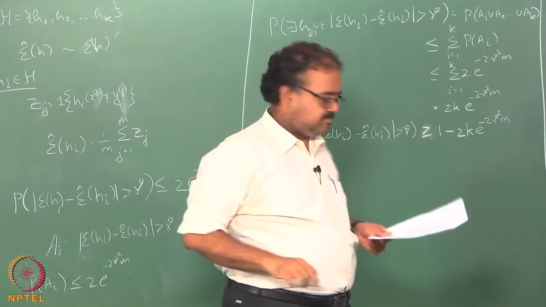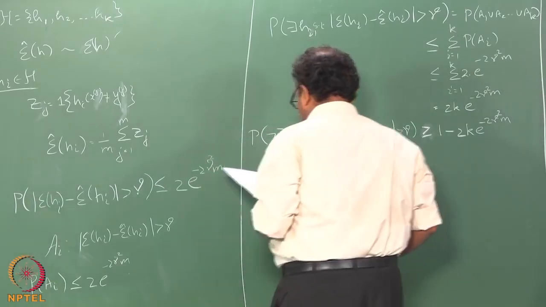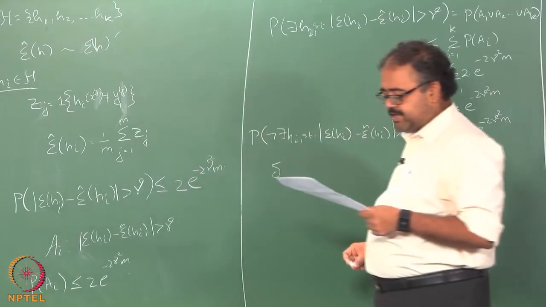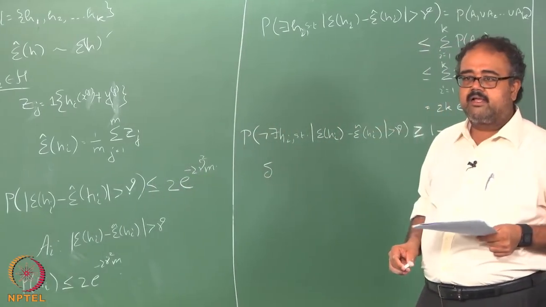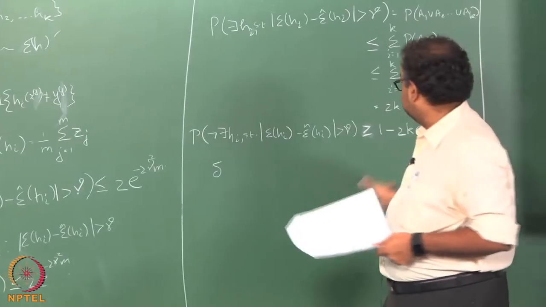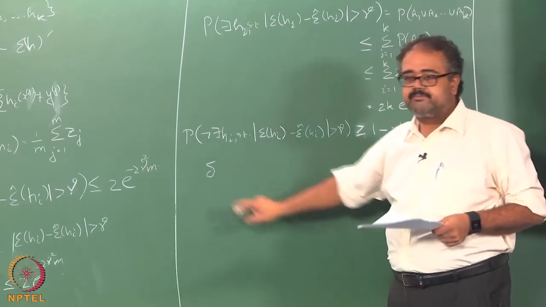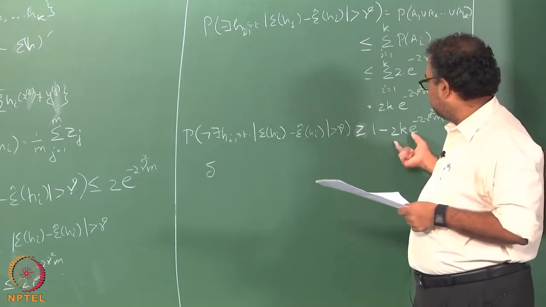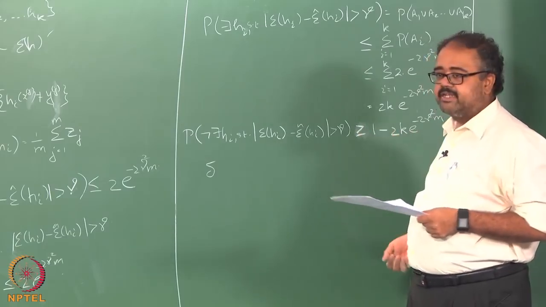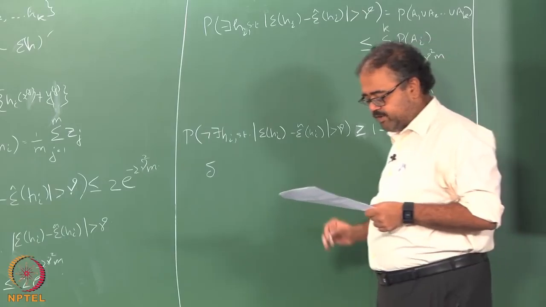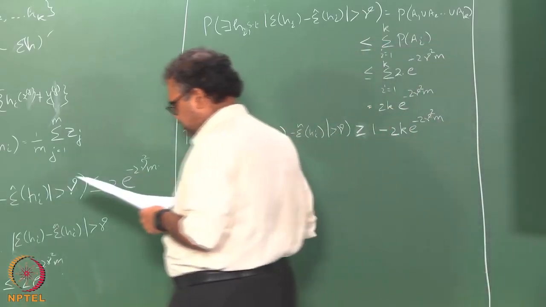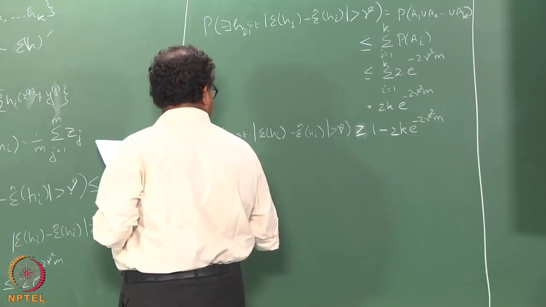So I am going to say that this quantity should be at most some delta, I will give you the delta. So the probability should be 1 minus delta, and I will give you the gamma also. Solve for m.